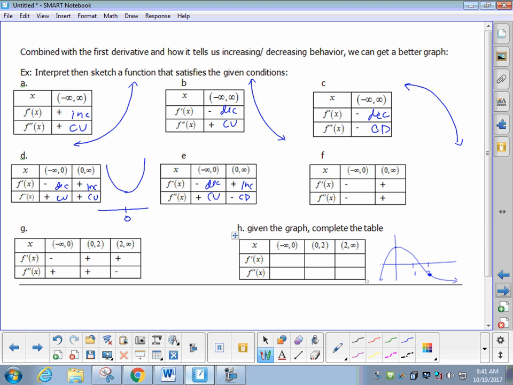The second one's kind of funky. Make sure you're on the right track.